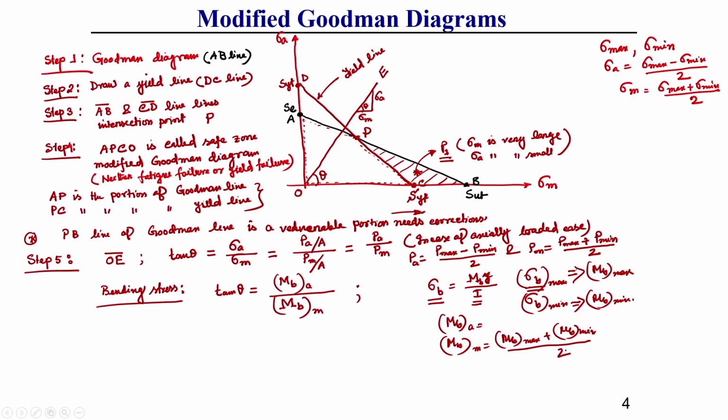So by this we can calculate the things. That is why I have written that in case of bending stress also, tan theta is equal to M B amplitude divided by M B mean.